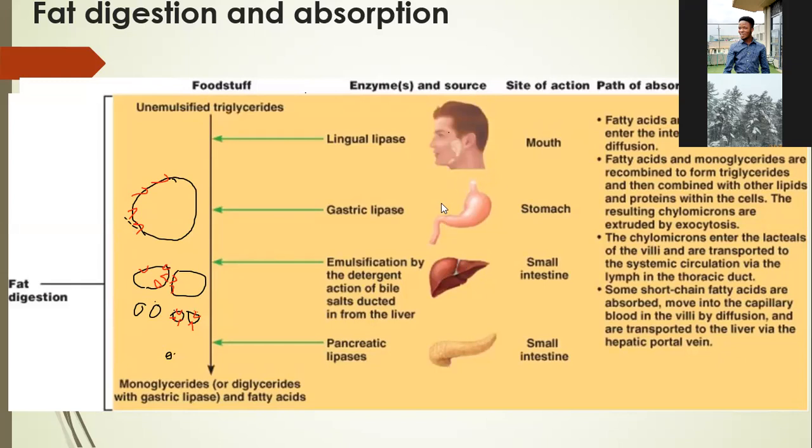And you find one of the characteristics of the bile components is that they have both a hydrophobic part and a hydrophilic part. So they are amphipathic in that they have two portions, one that is lipid loving and one that is lipid hating.